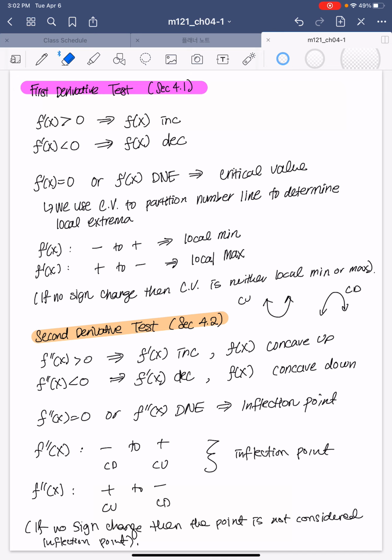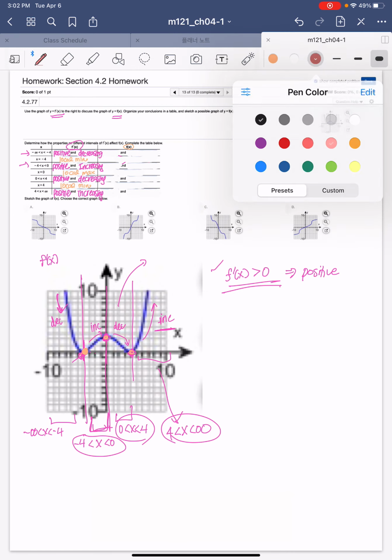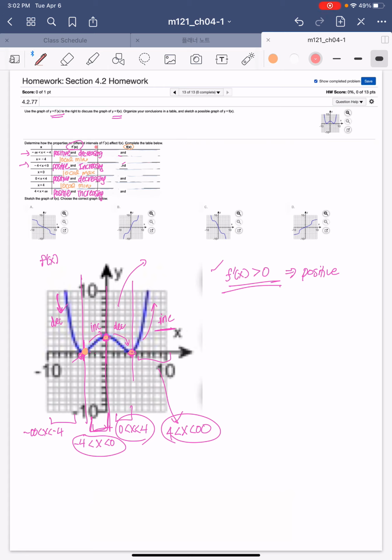You have f prime. So if I'm looking at the first row, I'll copy down over here. The first column right over here tells me f prime is positive and decreasing.